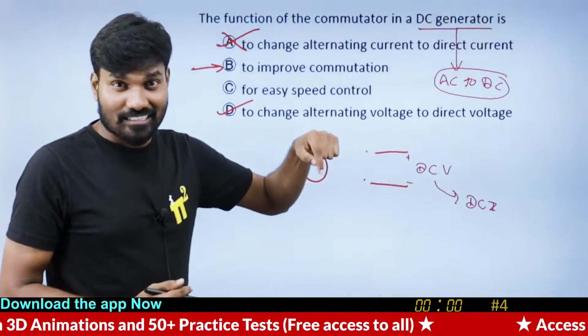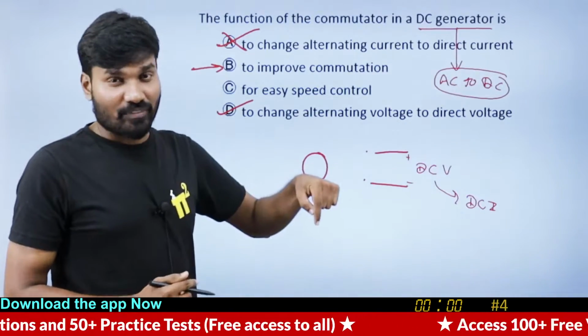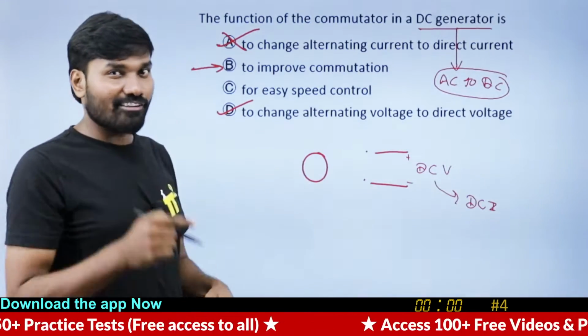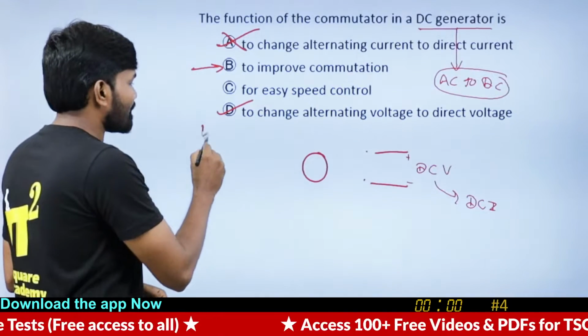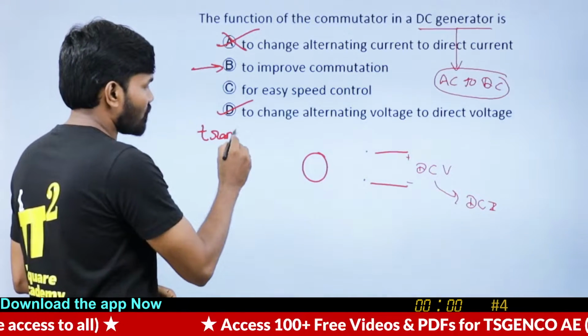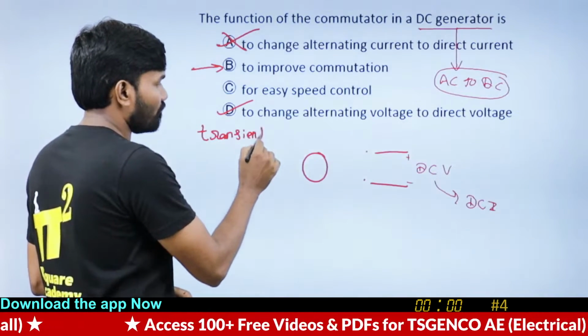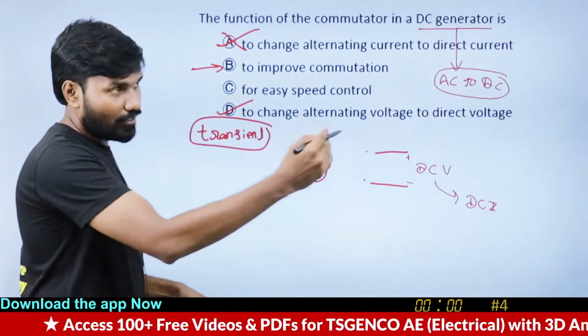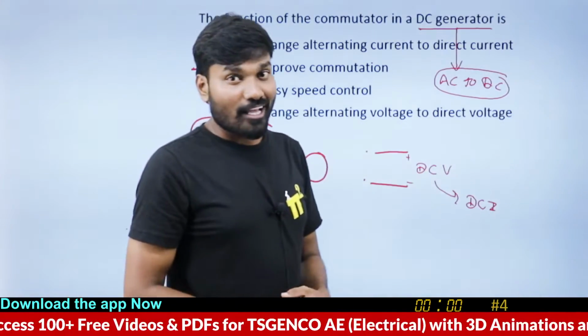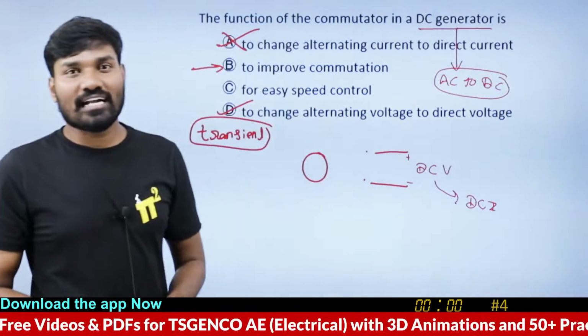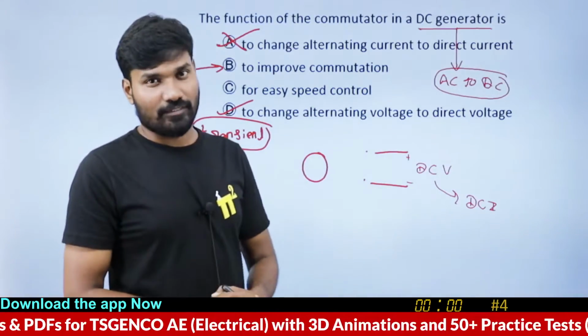That inductance effect will be included during transient, when you're doing a dynamic analysis of a DC machine, which you will study in post graduation. There you have to include that inductance effect of a DC motor as well.